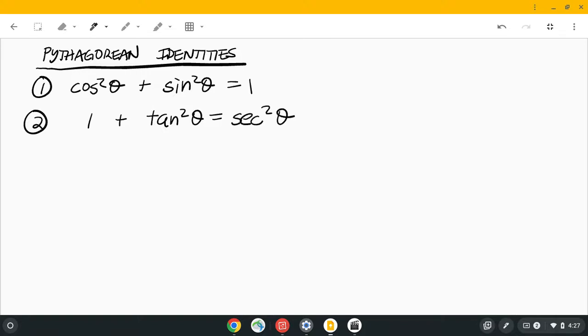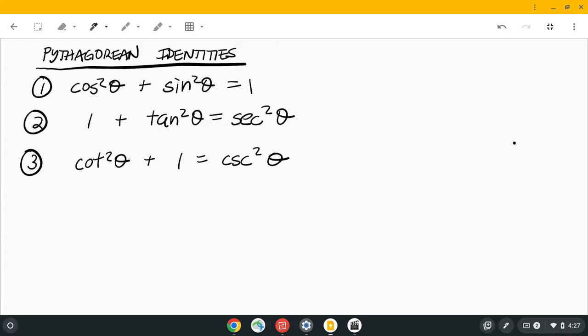And again, this one also still has the Pythagorean structure. And we have the third one, cotangent squared theta plus 1 equals cosecant squared theta. And again, you do have that a squared plus b squared equals c squared structure.